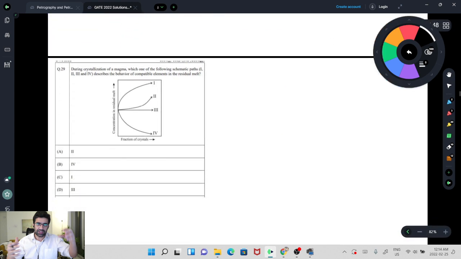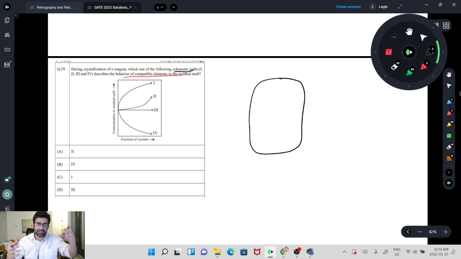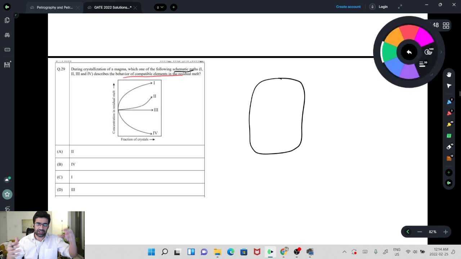Question number 29. During crystallization of magma, which of the following schematic paths between 2, 3 and 4 describes the behavior of compatible elements in the residual melt? Basically, let's say you have a magma chamber.